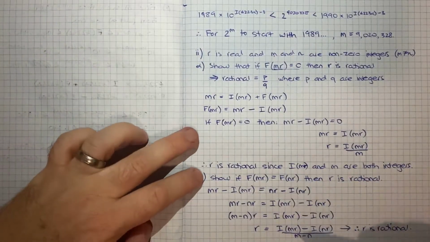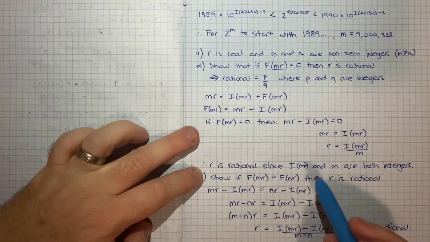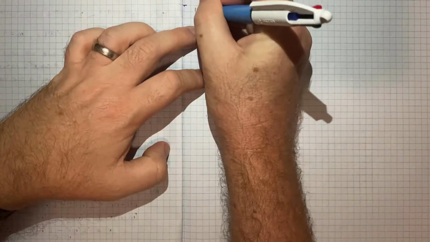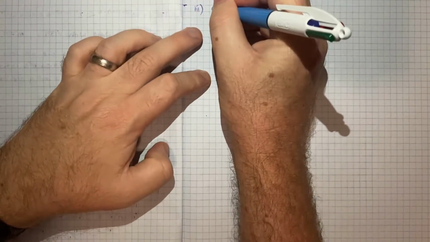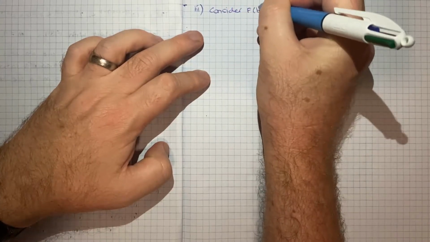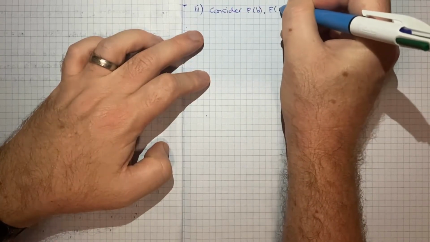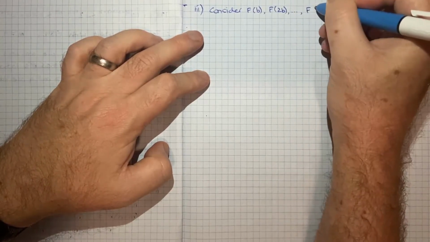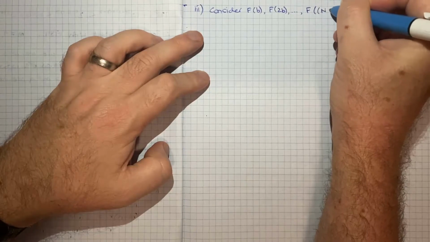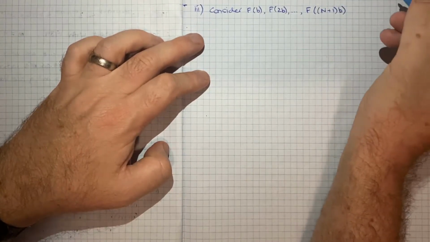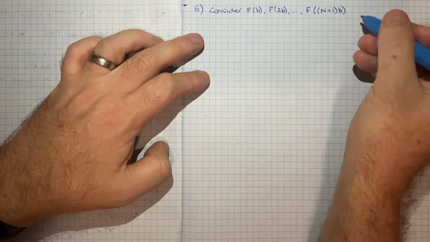So picking up from where I just left off with part 2, I'll just turn over. We're now in part 3, where we're told to consider the fractional part of b, the fractional part of 2b, and so on, all the way up to the fractional part of (N+1)b, where N is an integer, and we're told that b is irrational.